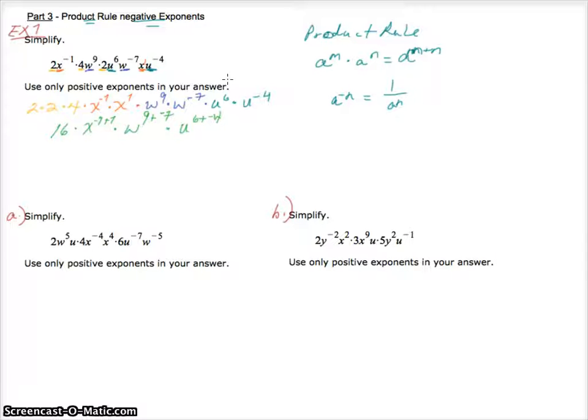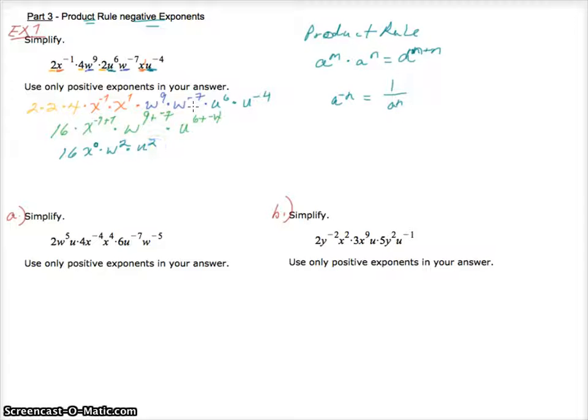Now I just have to apply my integer rules. So I have 16x to the negative 1 plus 1, which is 0, so I have x to the 0, which we'll talk about in a second, times w, 9 plus negative 7 gives me w squared, times u to the 6 plus negative 4, so 6 plus negative 4 gives me 2.